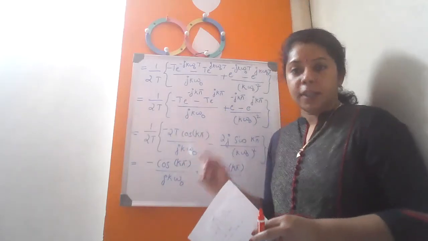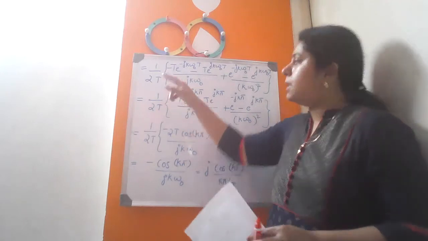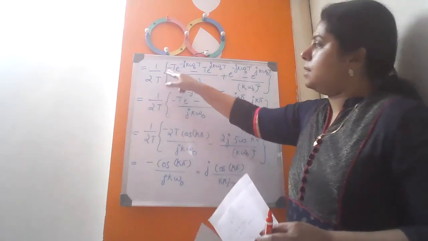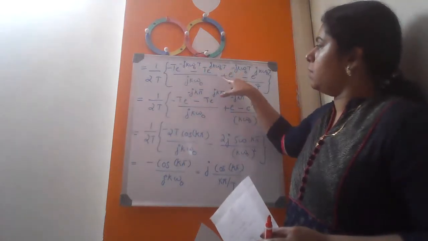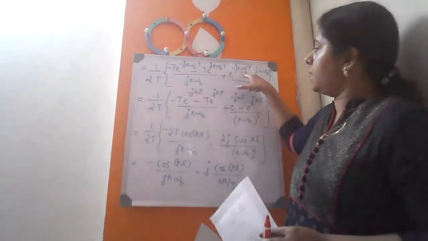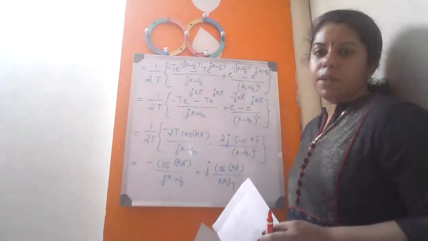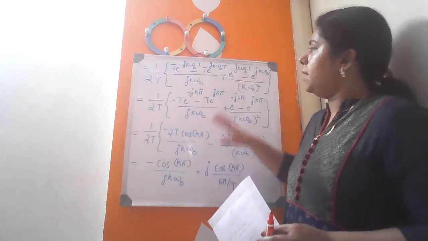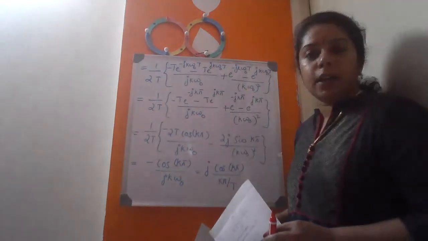So after integrating and substituting the upper limit and lower limit, I'll be getting the equation like this. Here I substituted the upper limit minus lower limit, again plus the other integral, upper limit minus lower limit. This is what I am getting. After that, I substituted the value of omega naught.